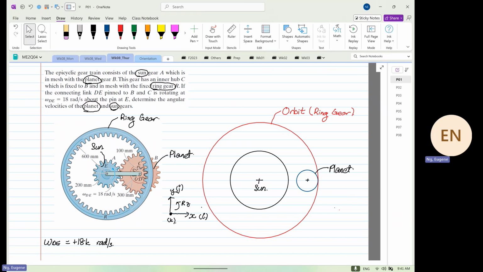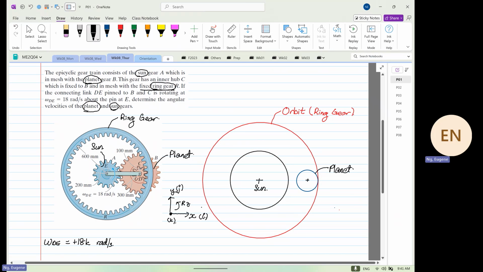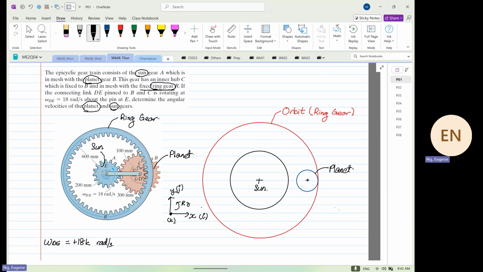So what is given to us is the ring gear. It's fixed. We know that the ring gear is fixed over here.